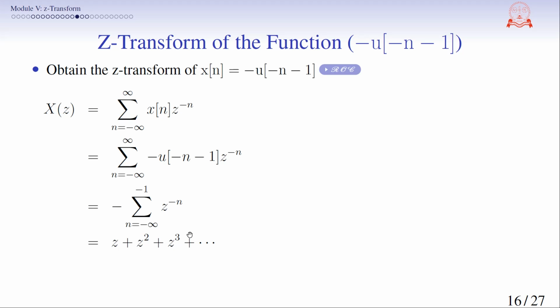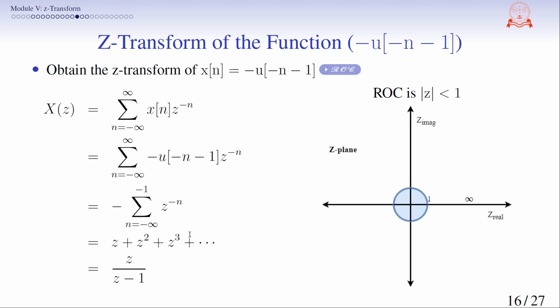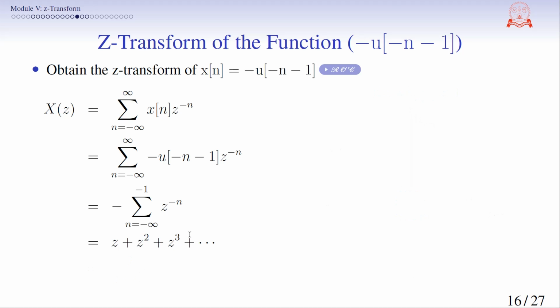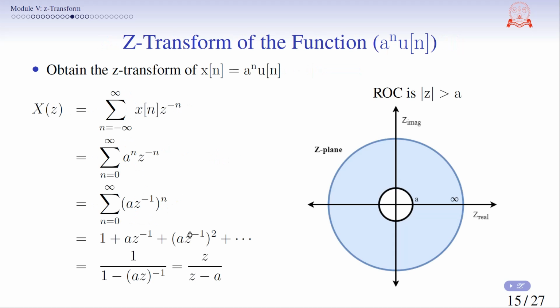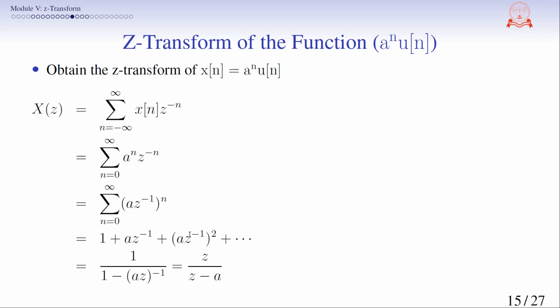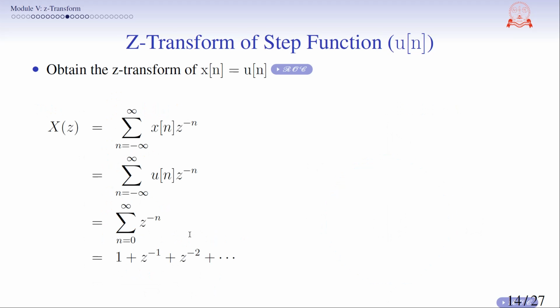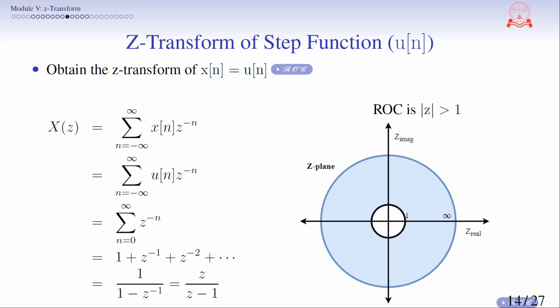On expanding this equation, z plus z square plus z cube plus etc., and this will be z divided by z minus 1, which is similar to my u of n, z divided by z minus 1.